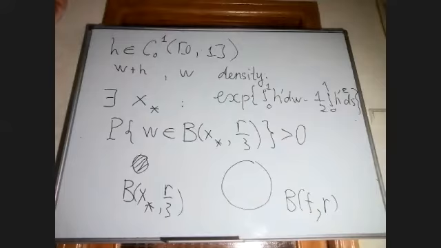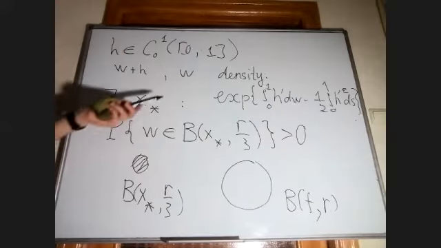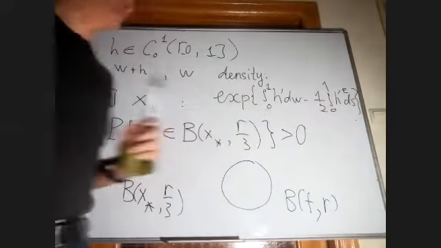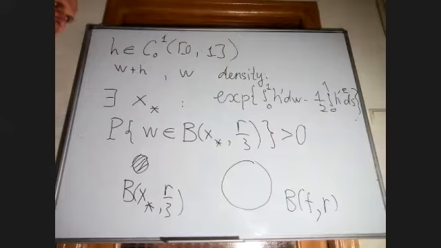So we can say that if we shift our random function W by the function H, we get a distribution with such density with respect to the initial measure.